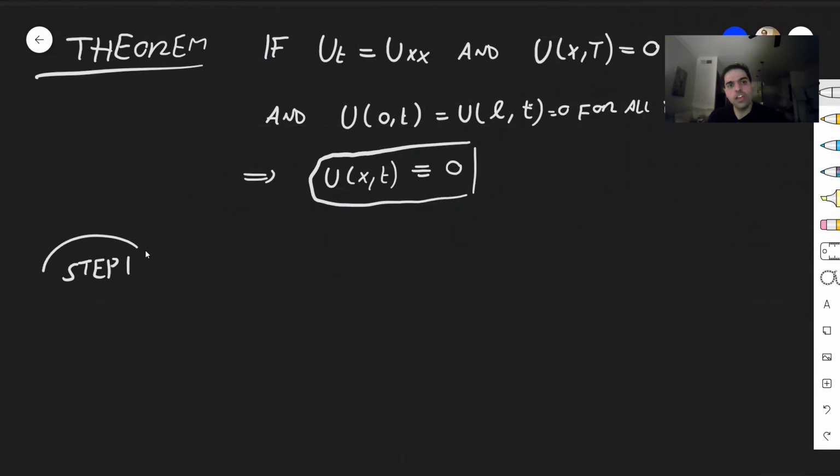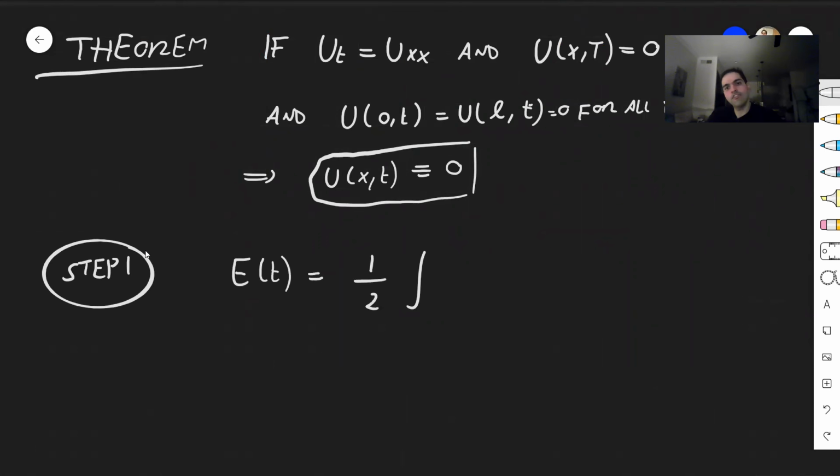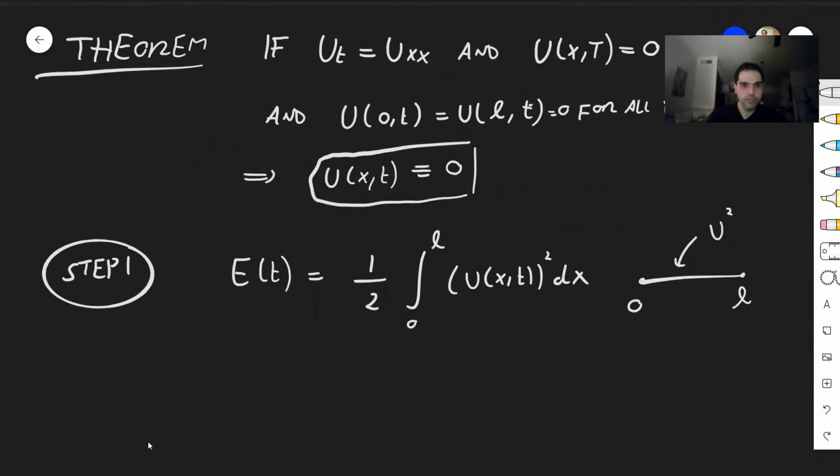And in order to do that, we would like to define some energy functional. So let E(t) just be the usual energy, 1/2 integral from 0 to L of u(x,t) squared dx. So for some fixed time t, we would like to integrate the square of u on the rod.